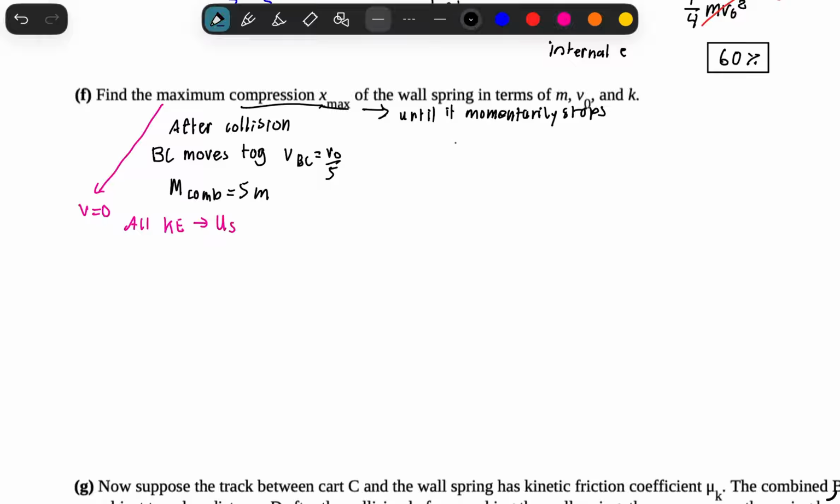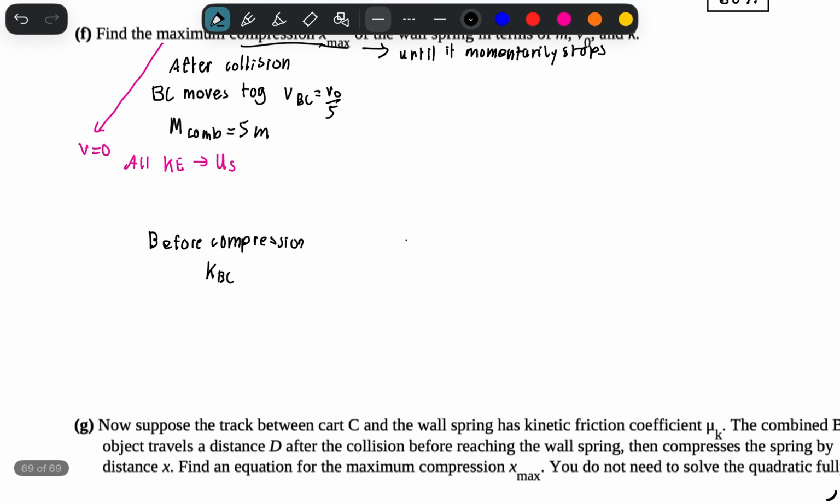So then we know that the energy before compression is equal to K_BC. And then finally, we had that it's equal to U_S.